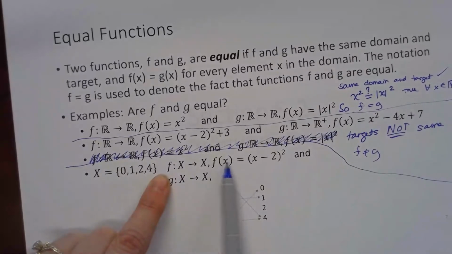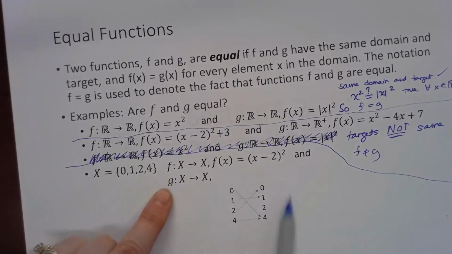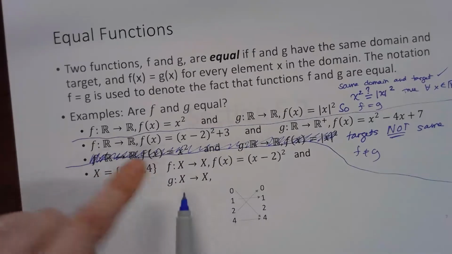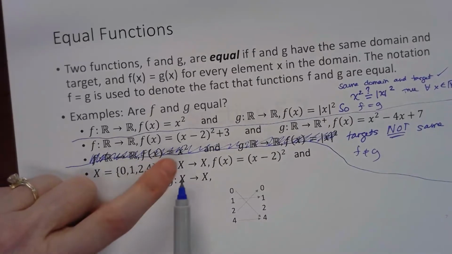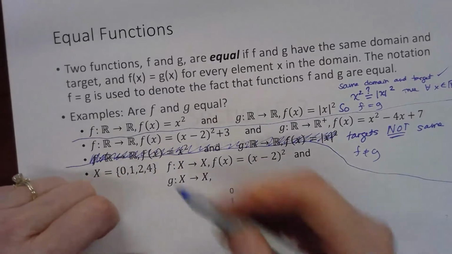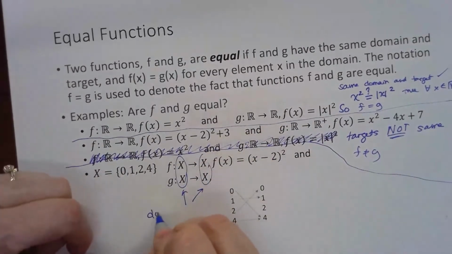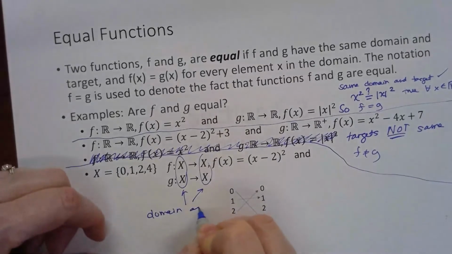And f of x is defined as, you take the input, subtract 2 from it, square it, that produces the output. And then the g function is defined using this arrow diagram down here. So first of all, we want to check the domains and targets. They both have a domain of x. They both have a target. So if I look at these, the domain and the target are the same.